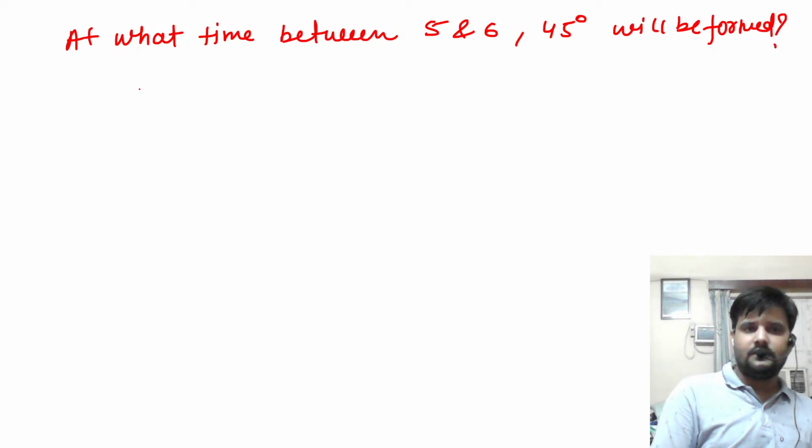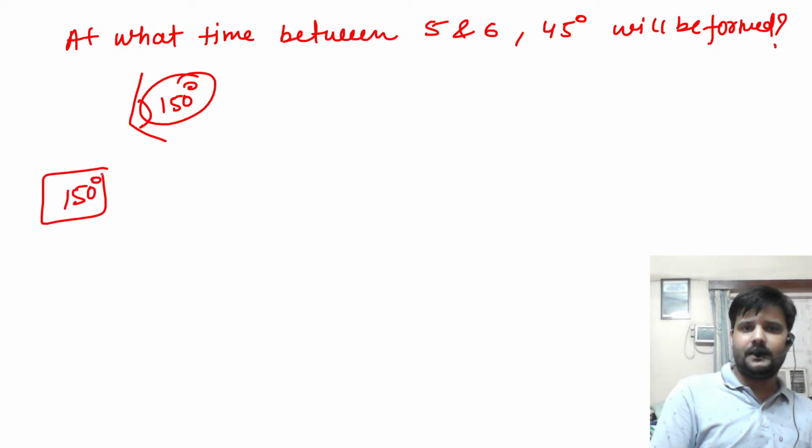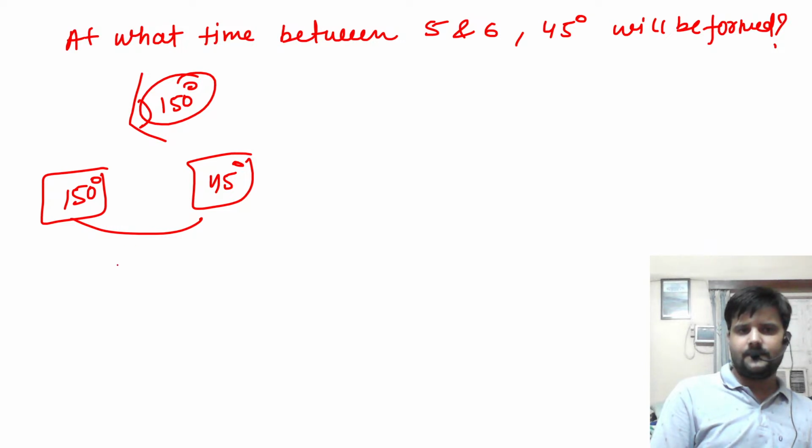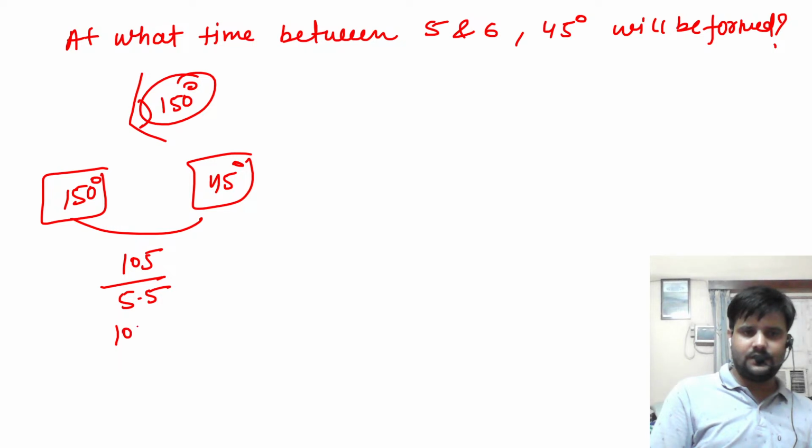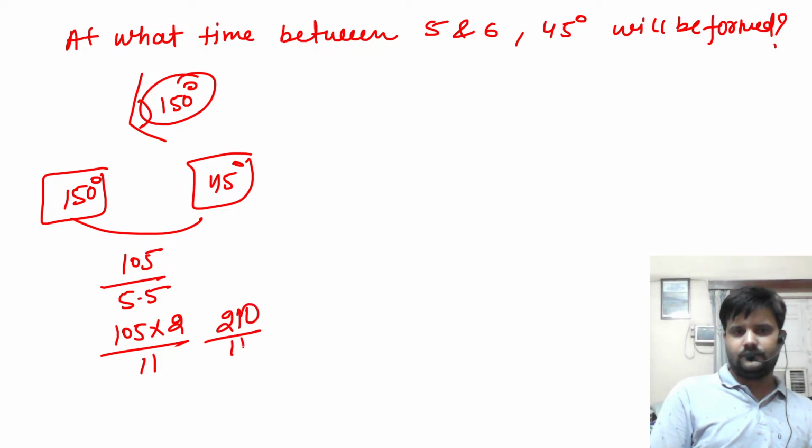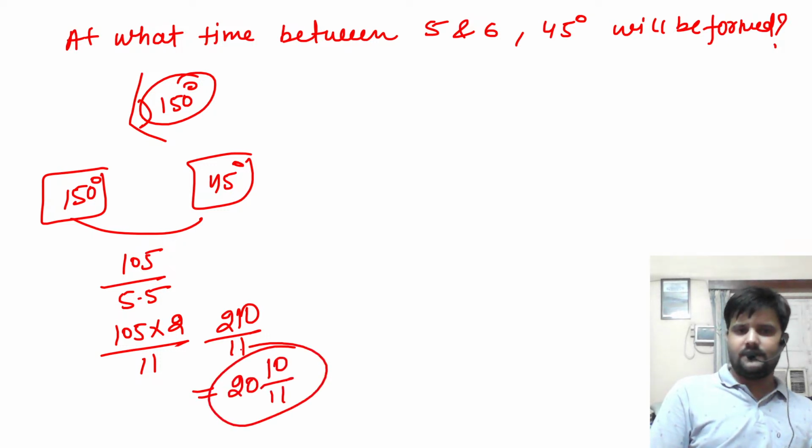At 5 the angle is 150 degrees. So the angle you have is obviously greater than your desired angle, so it will be formed in the first instance. How would you form it? Subtract them, the distance is 105 divided by 5.5, 105 into 2 by 11, so it is 210 by 11. From here you can write it as 19 1 by 11. This is the first instance.